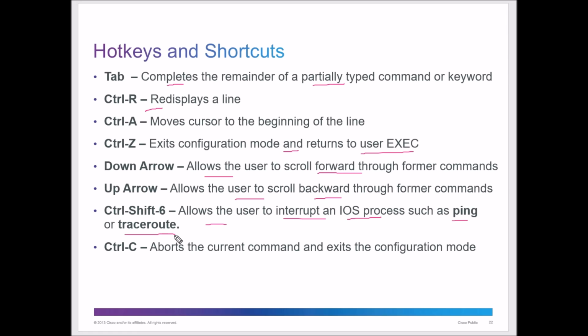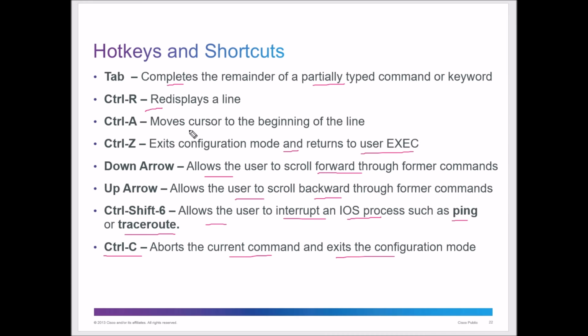But in the Cisco iOS, when you do a ping, it will just continue to run. If it just keeps going and going and you want to break out of that, you do a Control Shift 6. And then Control C aborts the current command and exits the configuration mode.